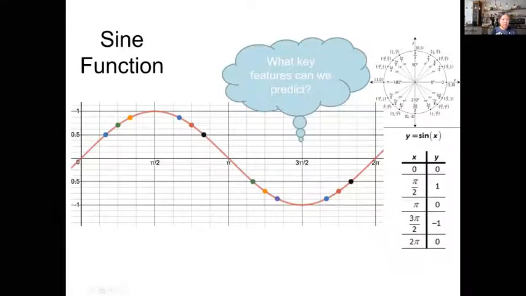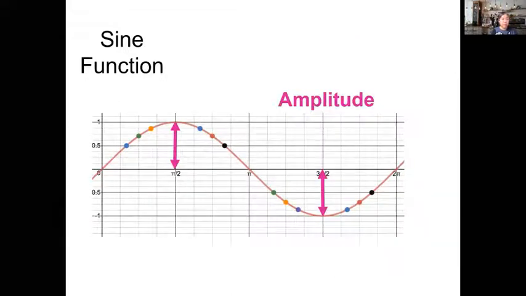First, amplitude. Amplitude is technically the vertical maximum or minimum, how far the maximum or minimum is from the vertical midpoint.